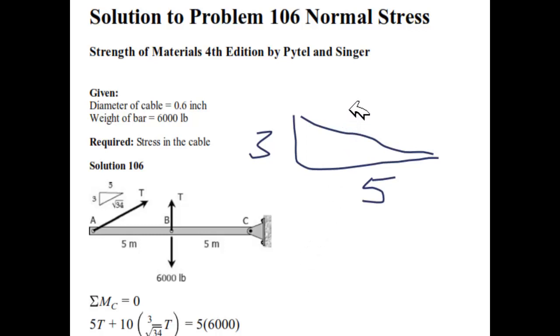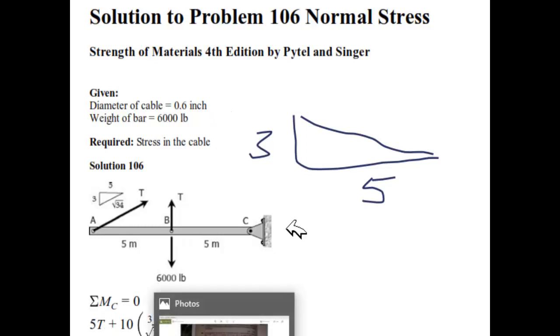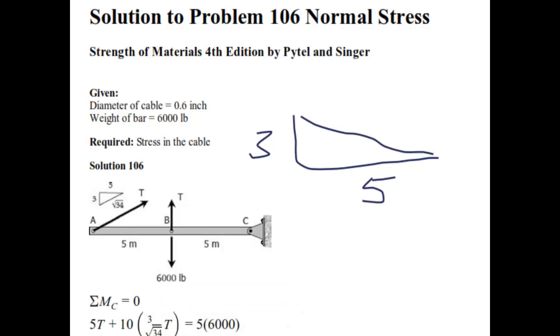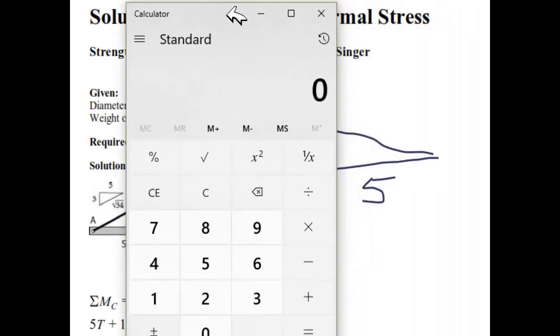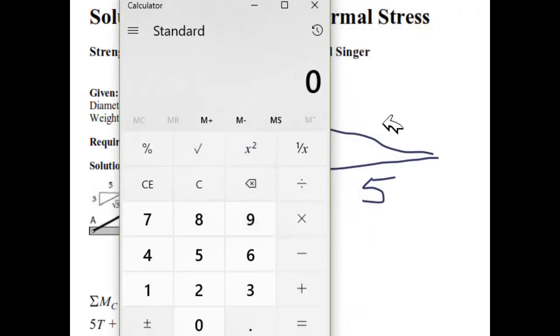Now, if you want to find out that, actually this is your T. See, this is your T. Now we need to calculate this side first, and that can be done by the Pythagoras theorem, which says that hypotenuse squared is equal to perpendicular squared plus base squared.